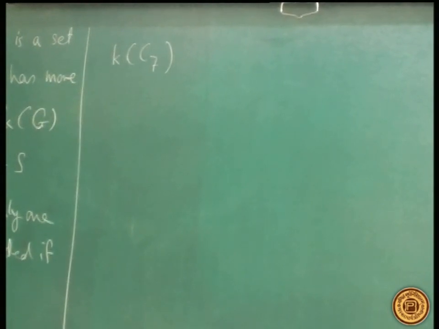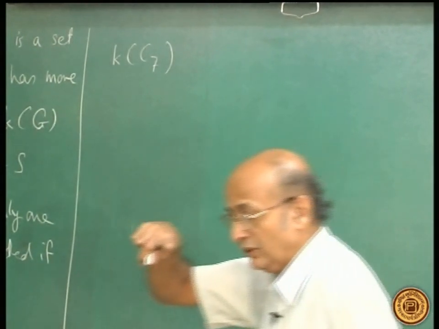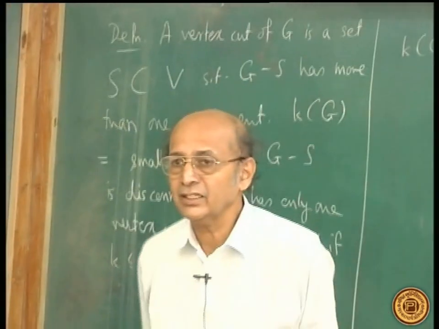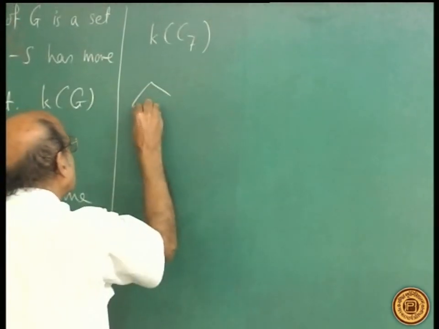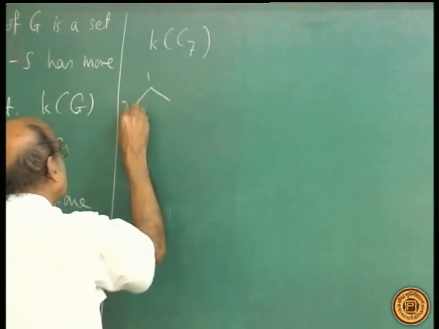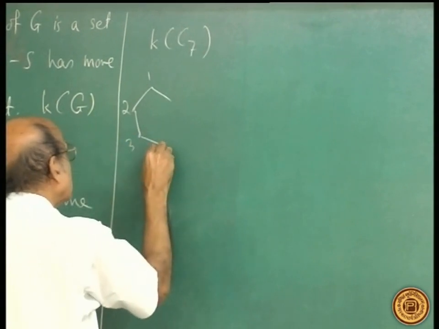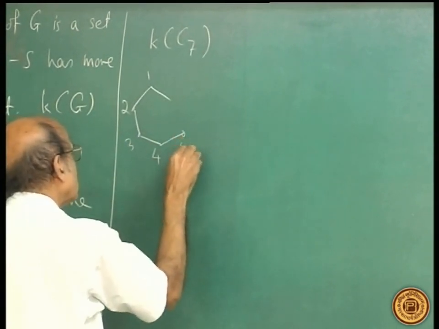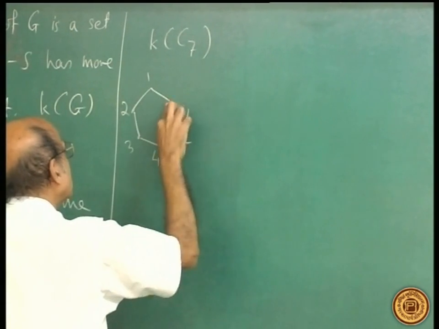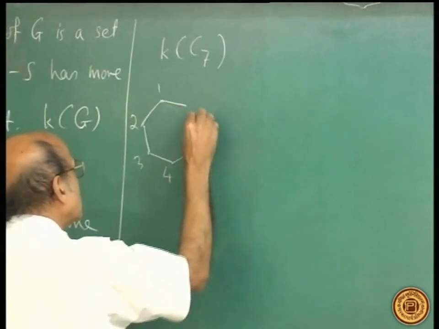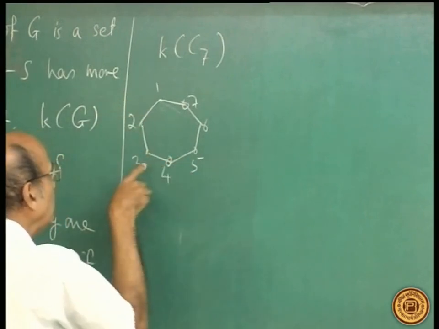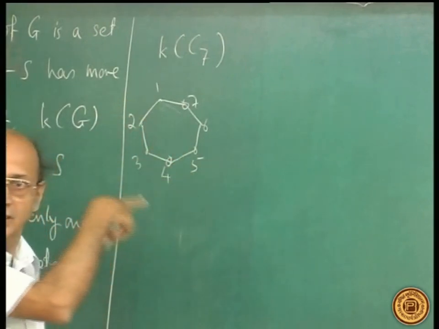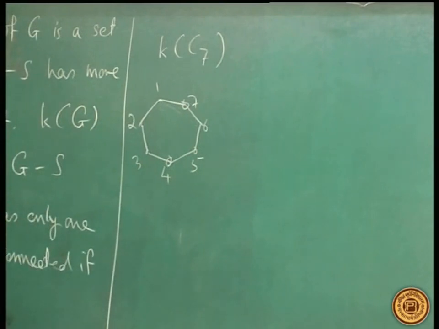If I remove any one vertex from a cycle with 7 vertices, then the resulting subgraph will be a path.